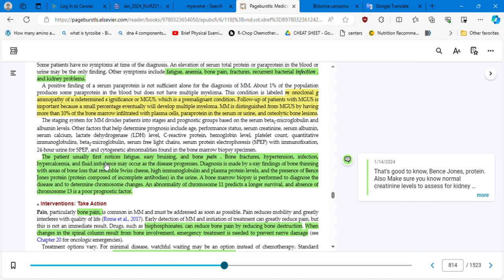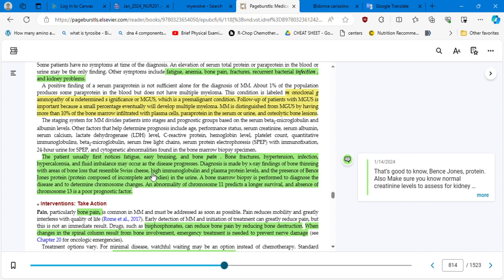The patient usually first notices fatigue, easy bruising, and bone pain. Bone fractures, hypertension, infection, hypercalcemia, and fluid imbalance may occur as the disease progresses, and the diagnosis is made by the X-ray of bone thinning within areas of bone loss that resemble Swiss cheese.